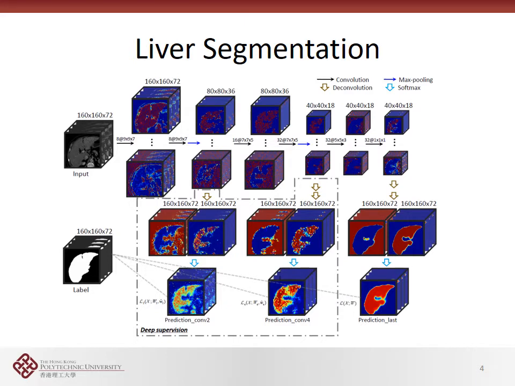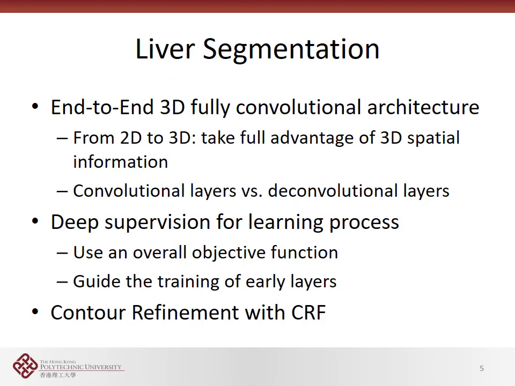This figure shows the network architecture of our model. Our model is based on a fully convolutional neural network, and it has several important features. First, it is an end-to-end 3D fully convolutional architecture. As I mentioned, in natural image processing, most images are 2D images.